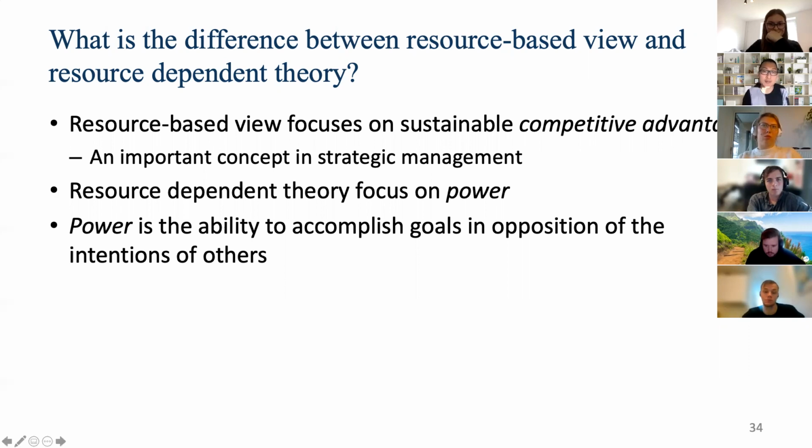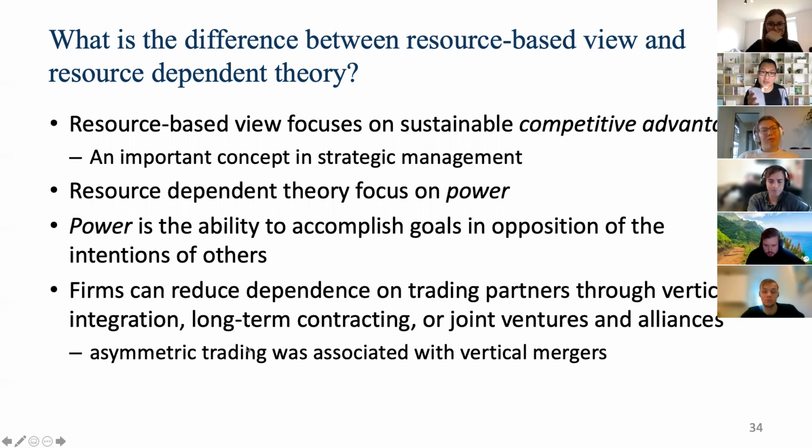And resource-dependent theory focuses on power, right? So this theory is used to explain a lot of things that firms do in order to reduce dependence on some other agents, some other partners, right? A firm can reduce the dependence on trading partners through vertical integration, long-term contracting, or joint ventures and alliances.